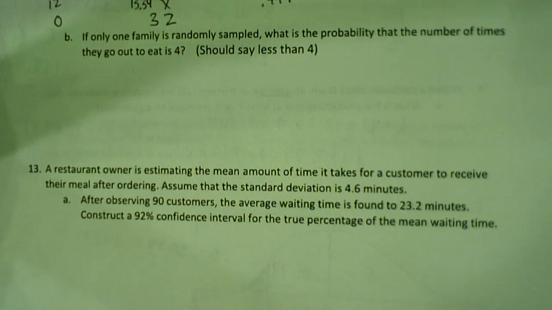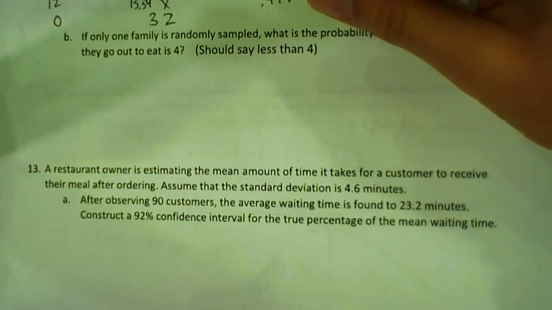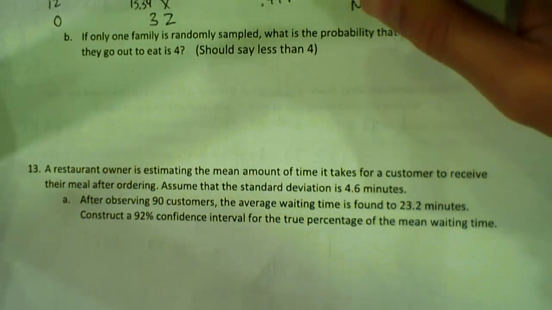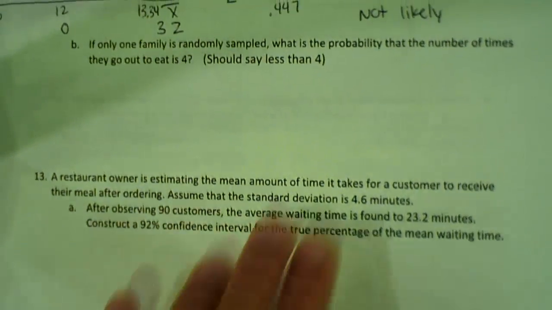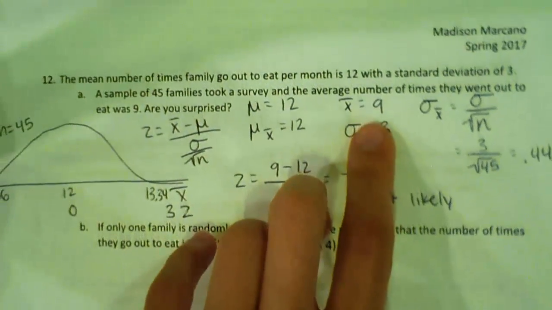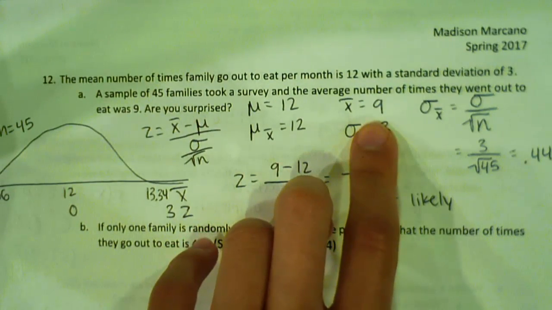For the last one, so are you surprised or are you not surprised? Yes, you're surprised, because that's not likely to happen if it's way outside of that distribution. The negative 6.7 would correspond to this 9, that sampling mean.